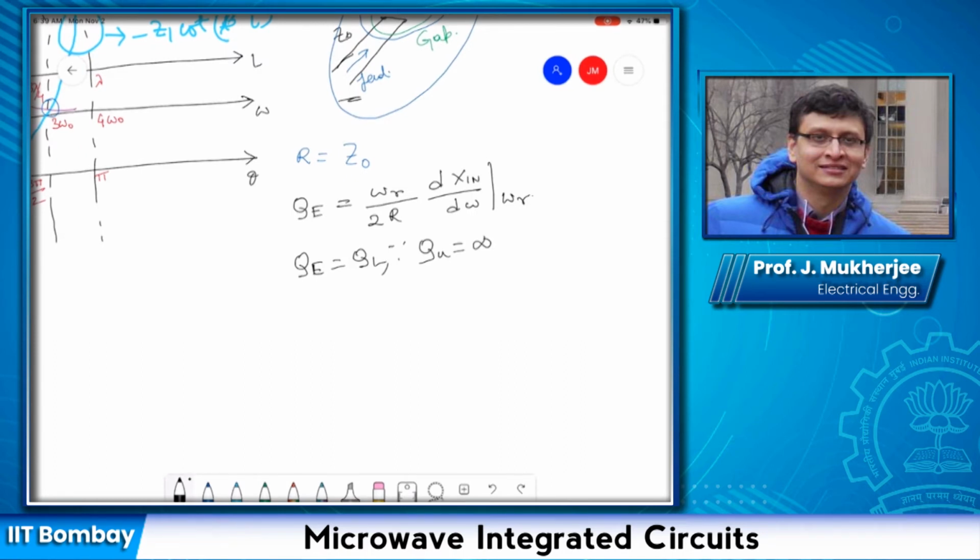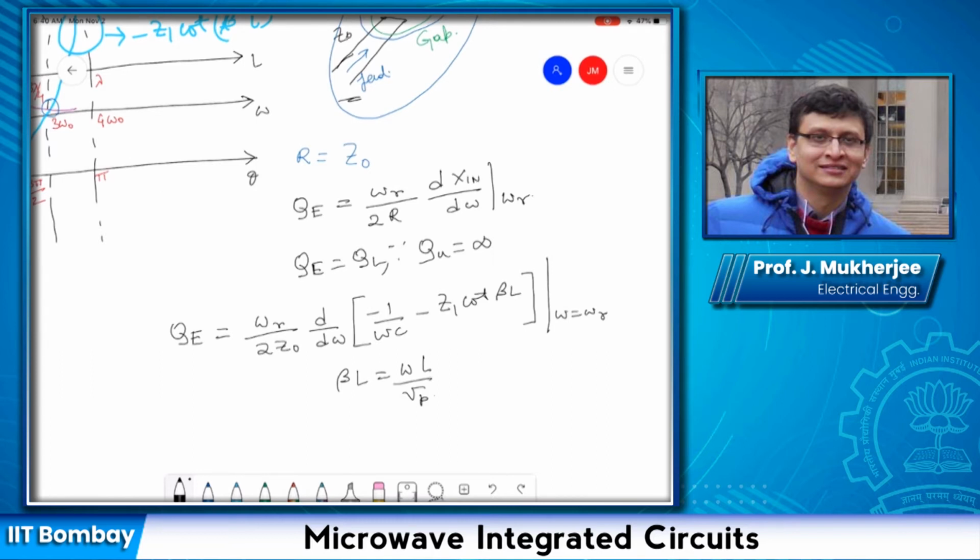In fact, I leave it as an exercise for you to evaluate this complete expression. Just write it down once again. This beta L can also be written as omega L upon Vp, and thereby this relation gives the omega dependence of this term.